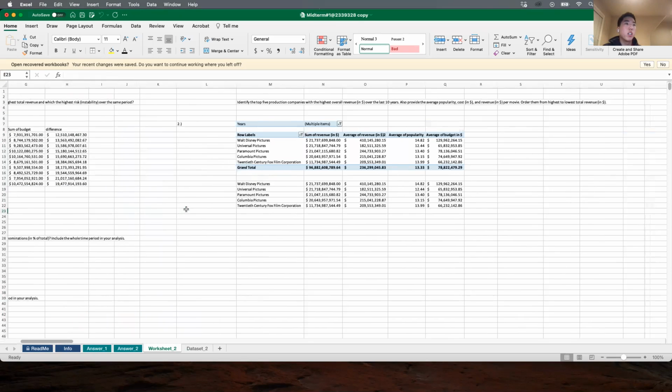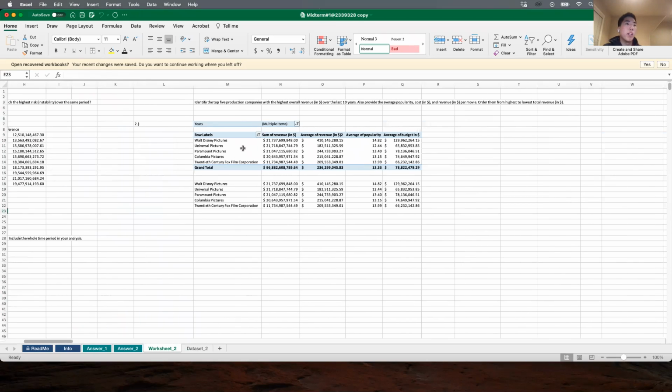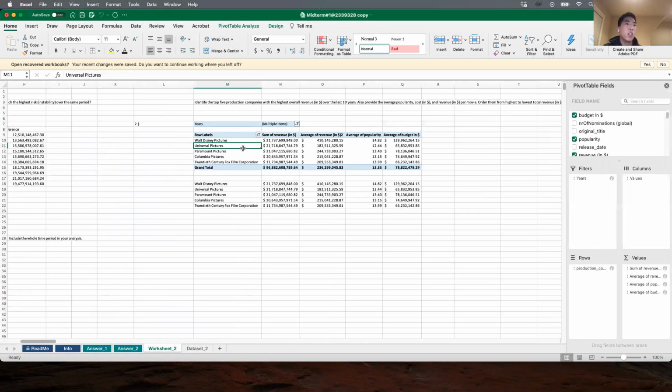For question two, I made another pivot table to show the top 5 production companies with the highest overall revenue over the last 10 years, right? So we had to include the years from 2016 to 2007. Those are 10 years.